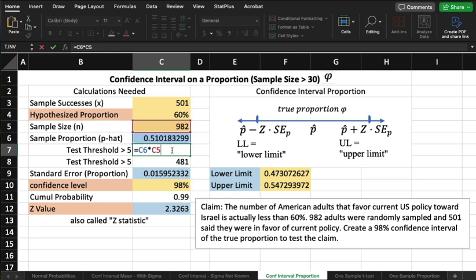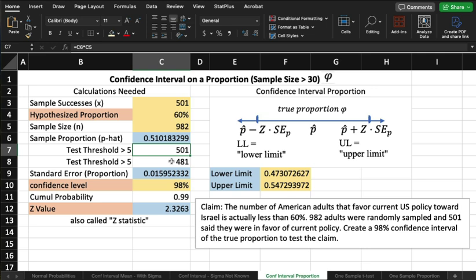The number in cell C7 is always going to equal your p hat times your sample size, so equals C6 times C5. That usually ends up being just your x.